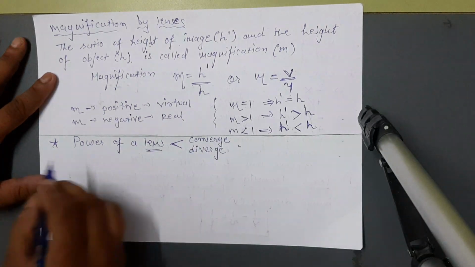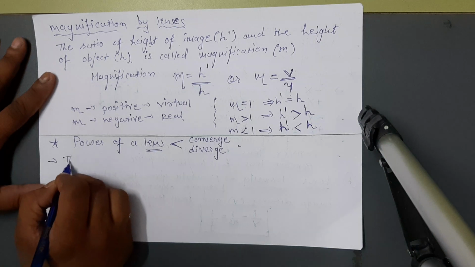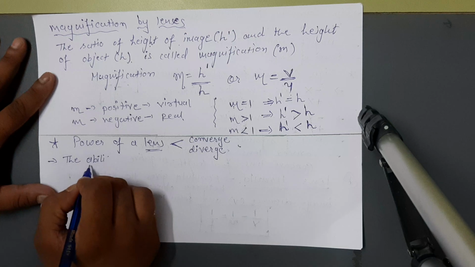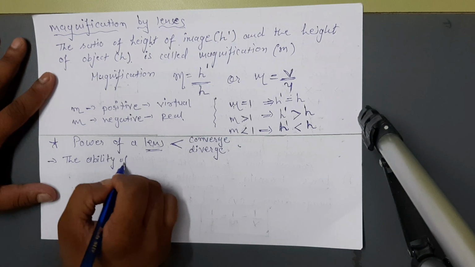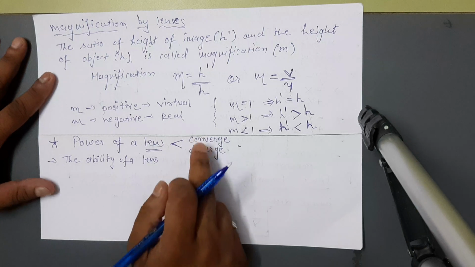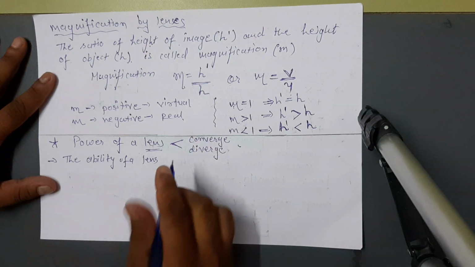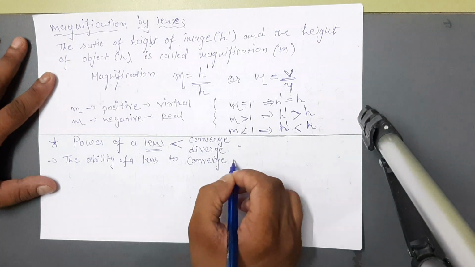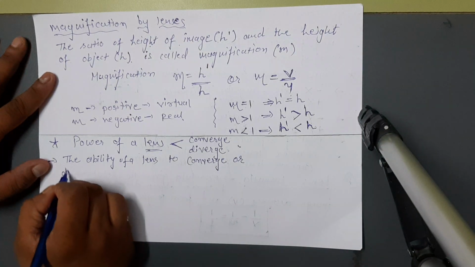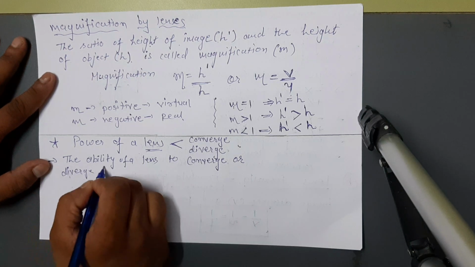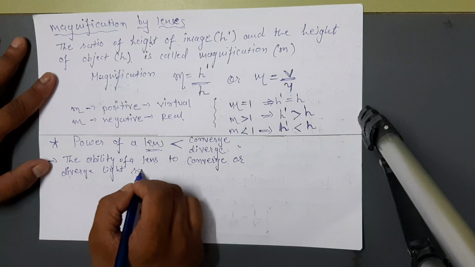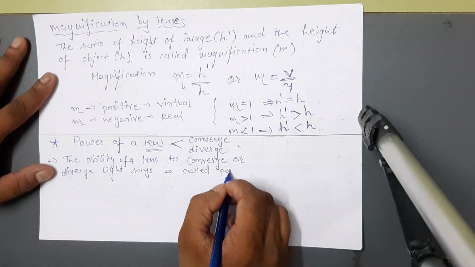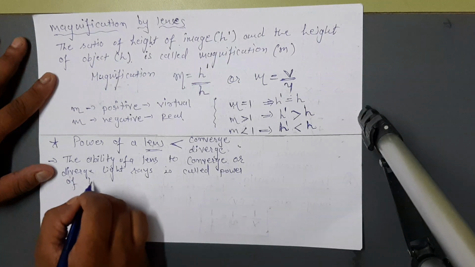So what is power of a lens? We can define it like this: the ability of a lens, which has only two abilities, to converge or to diverge, light rays is called power of a lens.